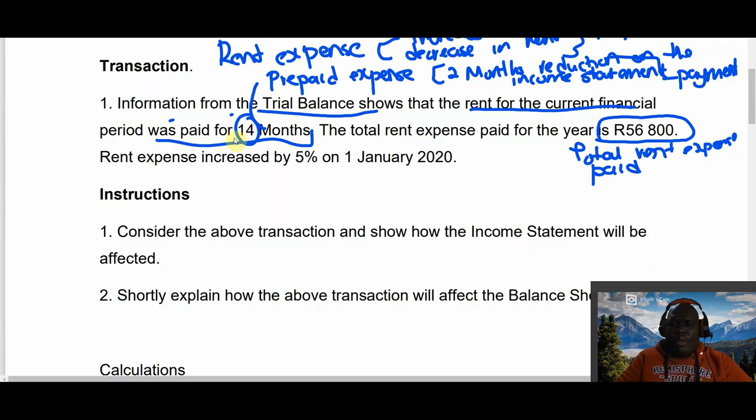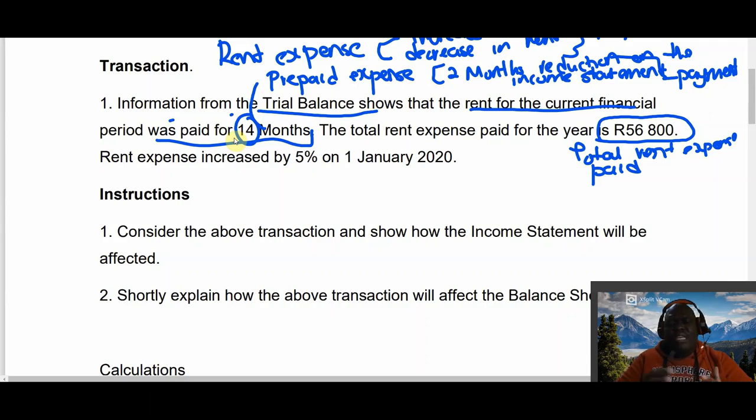Remember, your financial statements contain information regarding things that occurred in the business within this 12 months that we are preparing the financial period for. So we are trying to keep everything into a period of 12 months. Anything that is outside that period must be subtracted. Anything that is short within that period must be added. If it's short, it will be accrued when we deal with expenses.